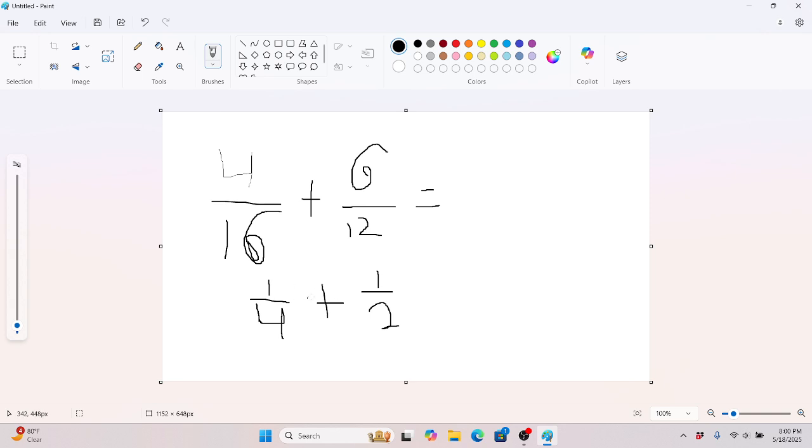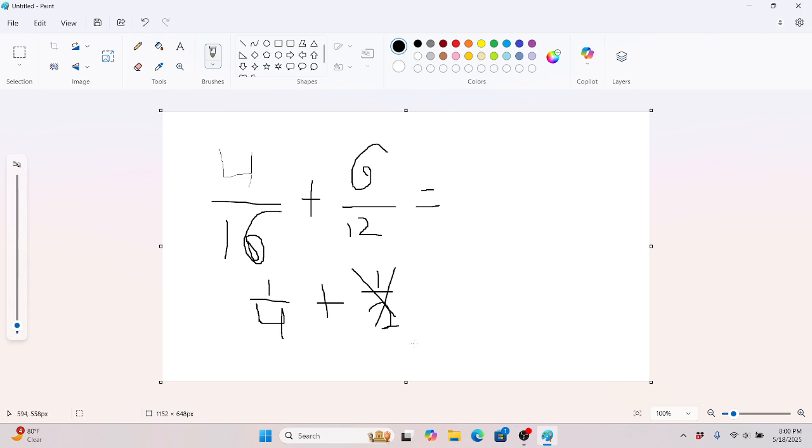And you're like, okay, how could I get these to have the same denominator? How many times can 2 go into 4? I'm bad at explaining this. I just know that you would change this number 2 to get to 4.